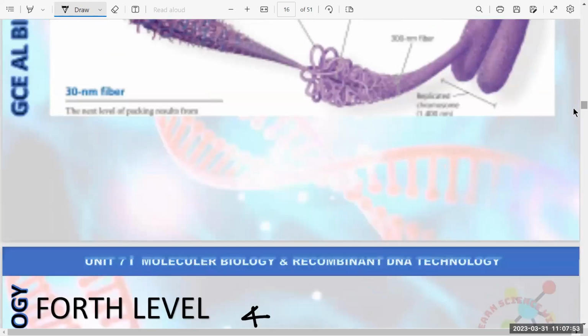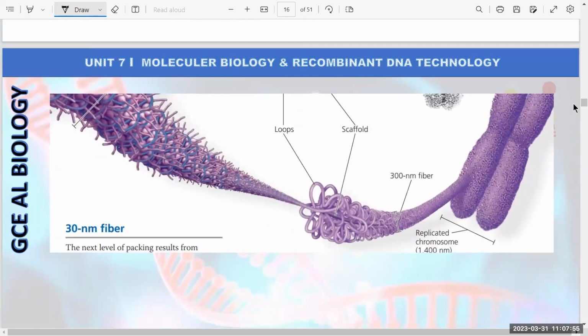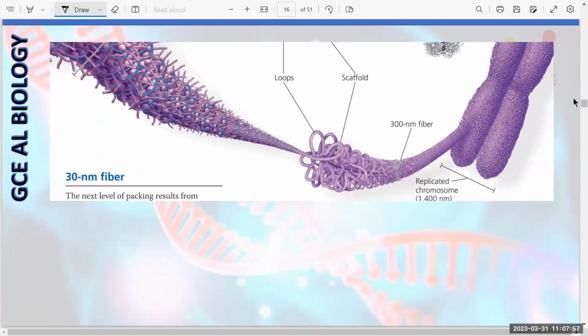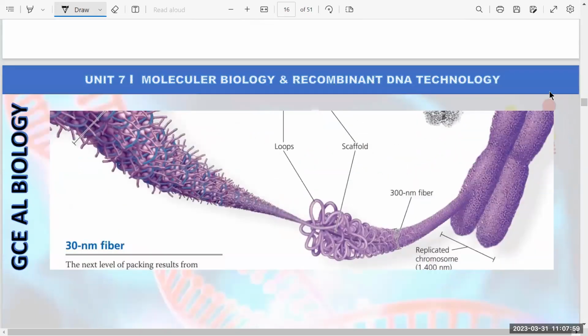Now I took this picture from Campbell Biology. It's a very nice picture where we can understand all the levels in one place. Now we have learned the 30 nanometer fiber. The only thing missing in this picture, I think, is the first level, beads on string. After that, the second level is the chromatin fiber.